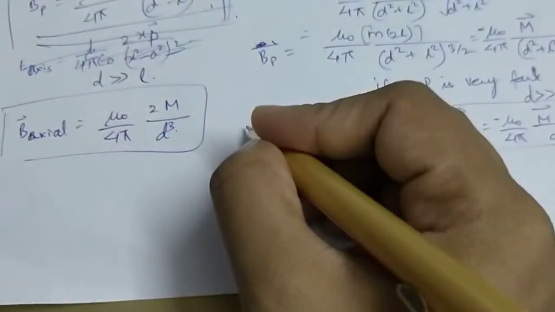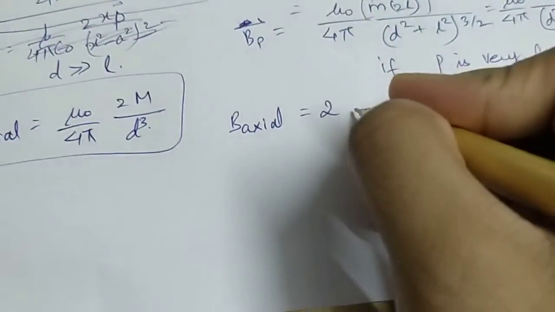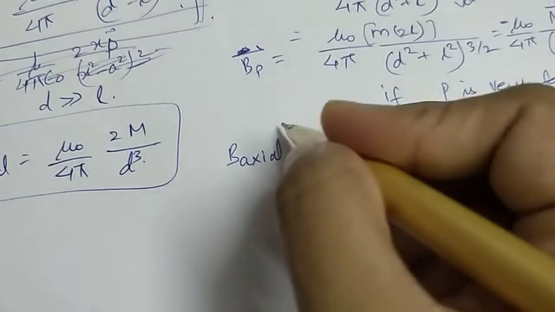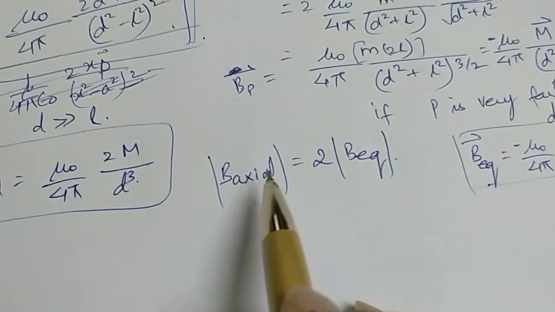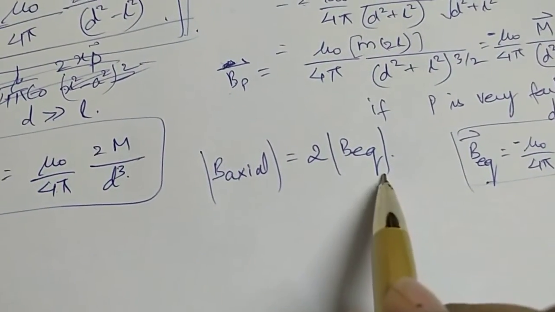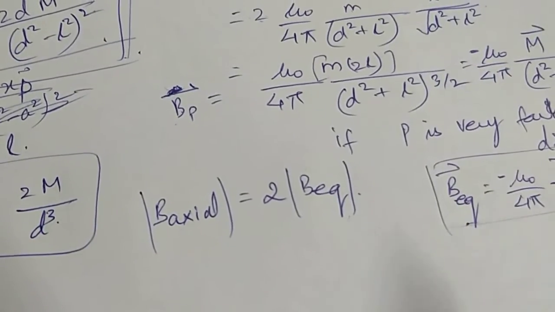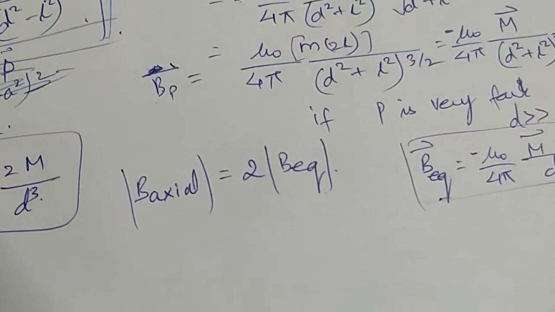Magnitude-wise, B axial is equal to double of B equatorial. We are not talking about direction. The axial line field is double the equatorial. We got the same kind of expression in the case of the electrostatic field of an electric dipole.